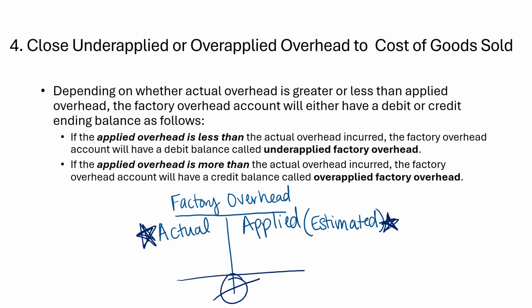If the applied overhead is more than the actual overhead incurred, the factory overhead account will have a credit balance called over-applied factory overhead. So if there's a credit balance, this would be over-applied, meaning that the costs were overestimated. If there's an ending debit balance, it will be under-applied because not enough costs were estimated.